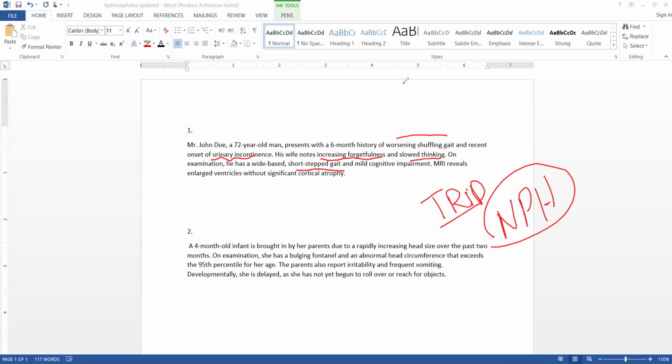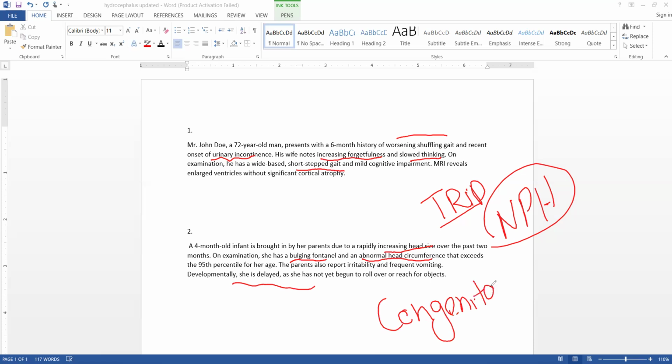In the second vignette, a 4-month-old infant is brought by her parents due to rapidly increasing head size over the past 2 months, with bulging fontanelle and abnormal head circumference. The parents also report irritability, frequent vomiting, and developmental delay. So this is congenital hydrocephalus.